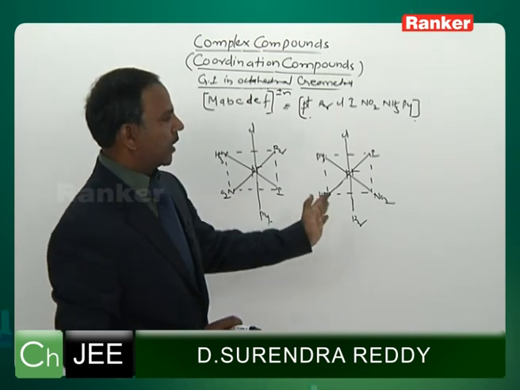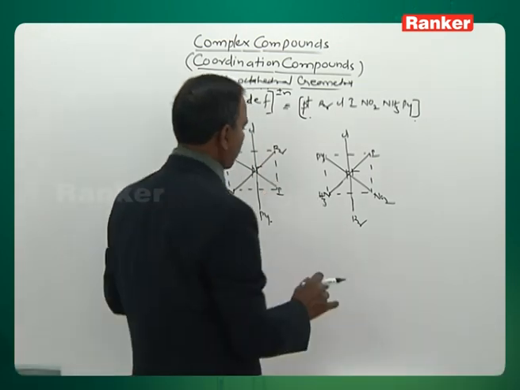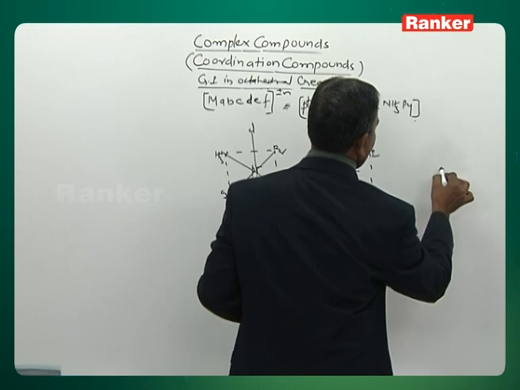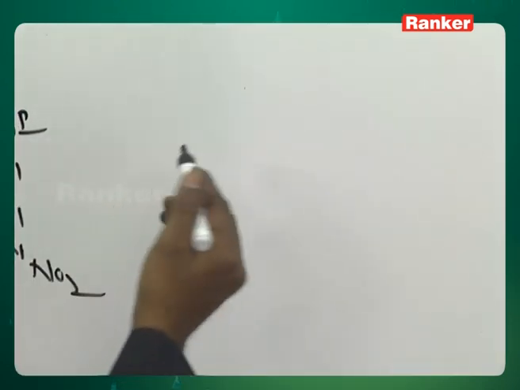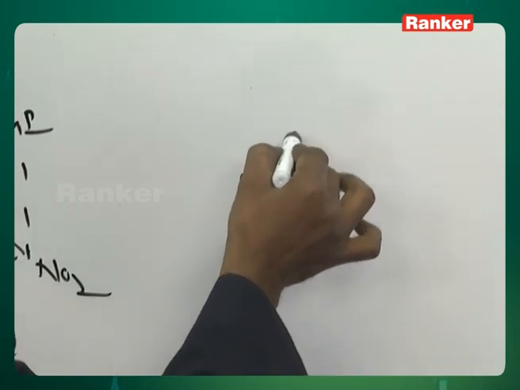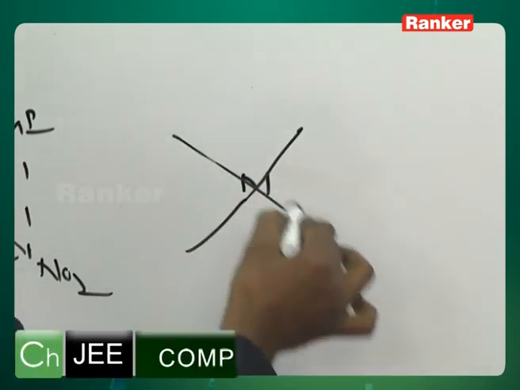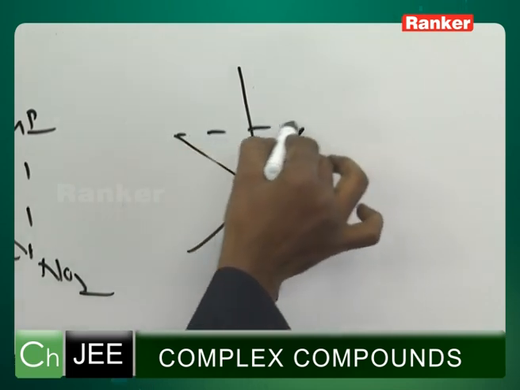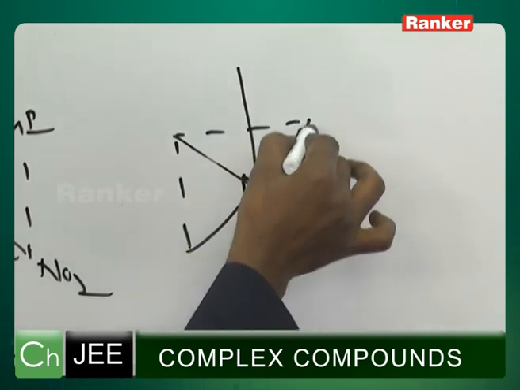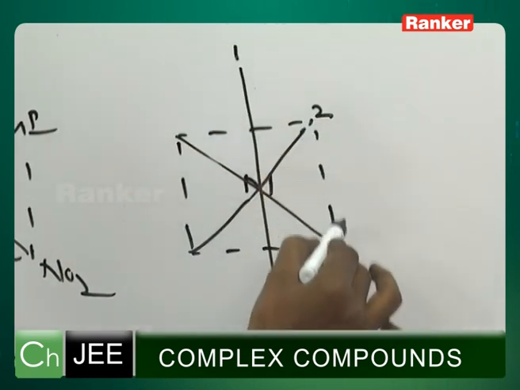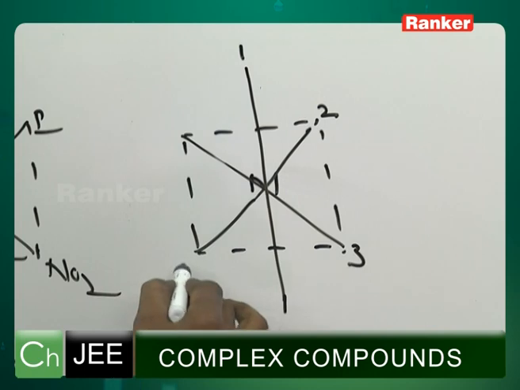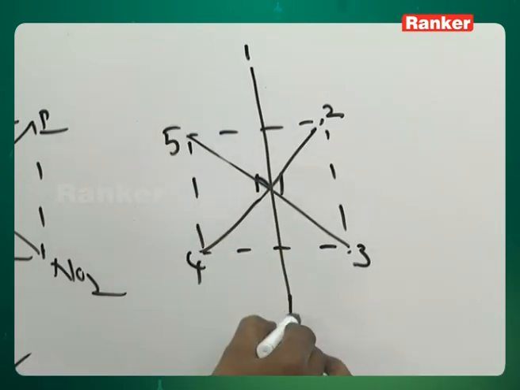Now I will show the numbering for this particular Ma, B, C, D, E, F type. Let me take a model complex M. You take 1, 2, 3, 4, 5, and the sixth position.